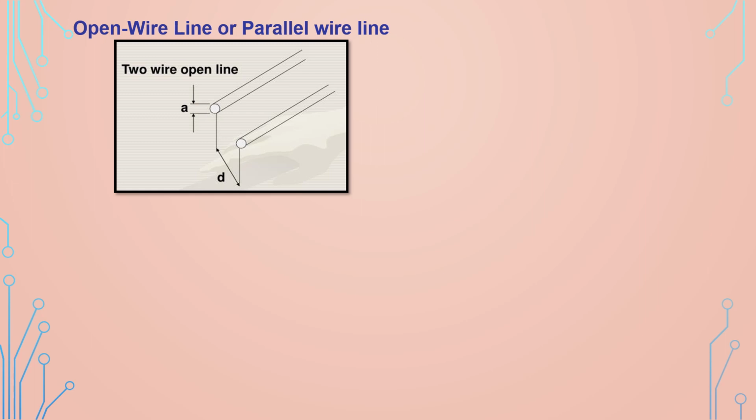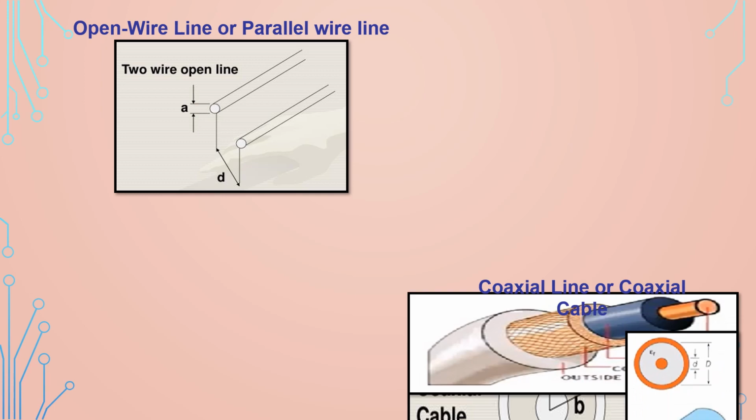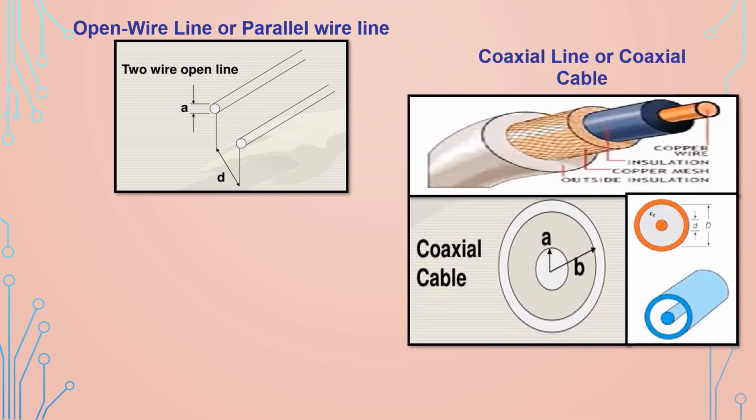Now, a better diagram of an open wire line, where you have two conductors separated by a distance, and this A represents the diameter of each conductor. In a coaxial cable, this is the inner solid conductor, this is the outer conductor, and you have insulation in between the two conductors.